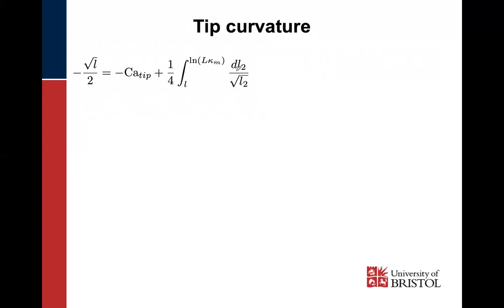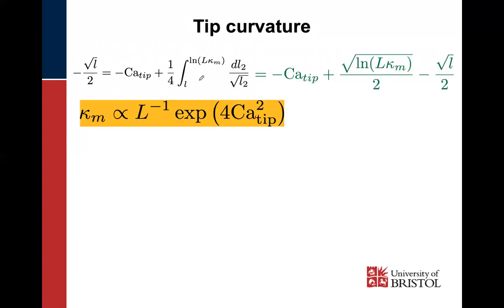So this is an integral I can very easily do. And I see that it matches. That is, the L dependence of the right-hand side matches the L dependence of the left-hand side. And I get an expression for the tip curvature as a function of the capillary number.